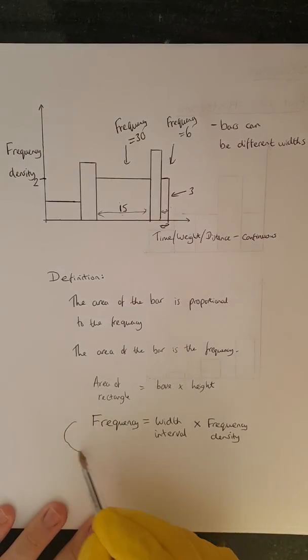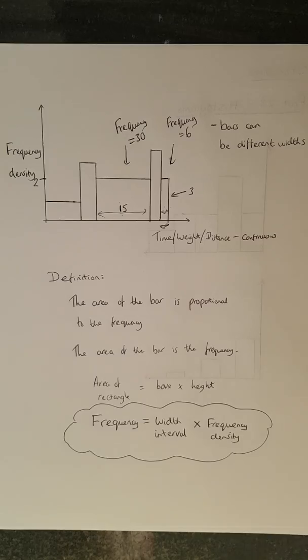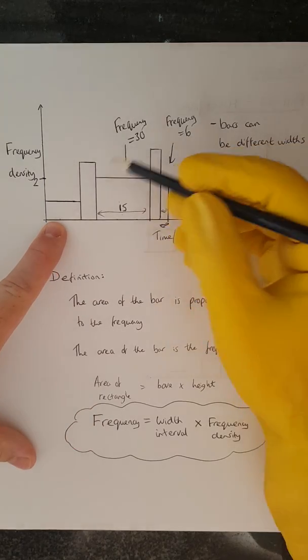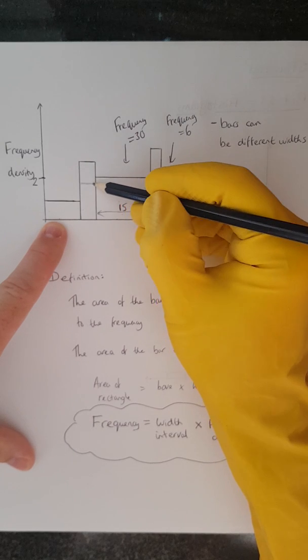So this rule is crucial. A bar can have a frequency 5 times as big but be the same height. Or a bar could be twice as tall and only half the width. So you see this bar here. Imagine if the bar next to it was only this big.